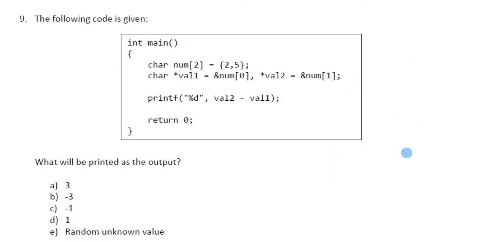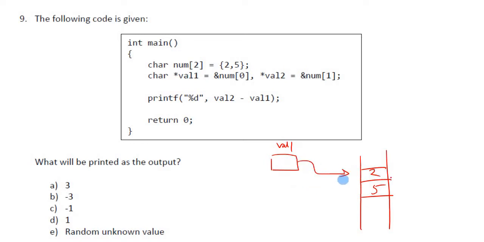Question 9: you have a character array num. The first element is 2, the second element is 5, and I have two pointers. Value 1 is assigned to num[0], so it's going to point to num[0]. Let's say this address is 8000, so this 8000 will come here. Similarly, value 2 is pointing to the next location, and the next location in a character array is always 1 byte away.